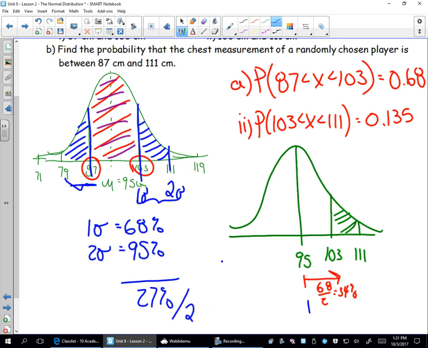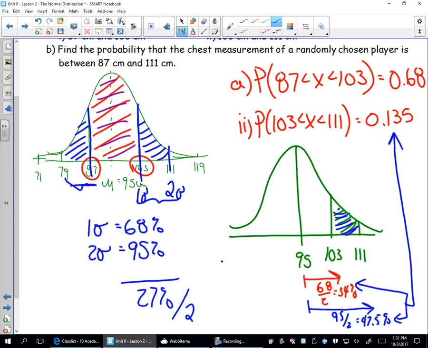And I also know that 2 standard deviations is 95, but I only have half of it. So I have 47.5%. Well, the difference between those, in other words, the shaded part right here, is the difference between these two values. How far apart are 34 and 47.5? Well, that's 0.135, or 13.5%.